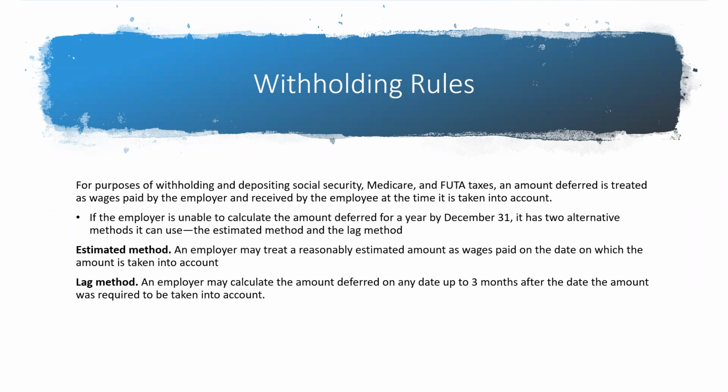And the lag method allows an employer to calculate the amount deferred on any date up to 3 months after the date the amount was required to be taken into account. That amount deferred will be treated as wages on the latter date, and the amount deferred must be increased by income earned through that date on which the amount was taken into account.